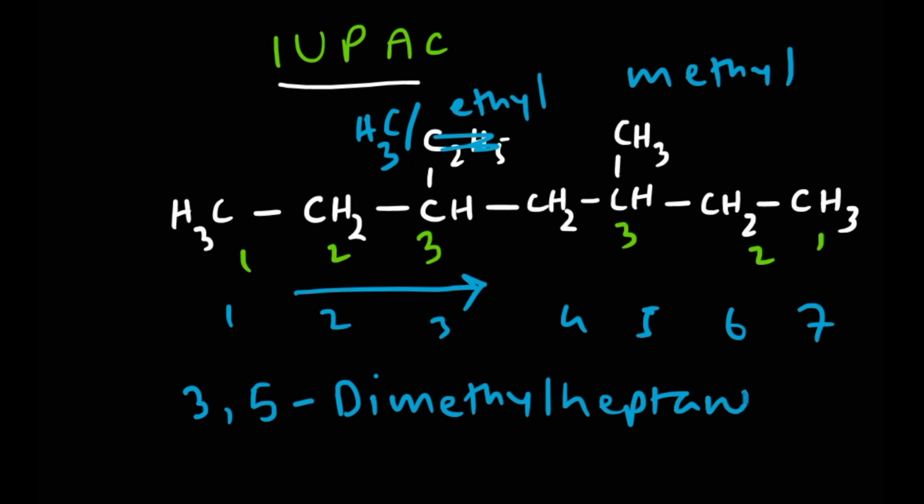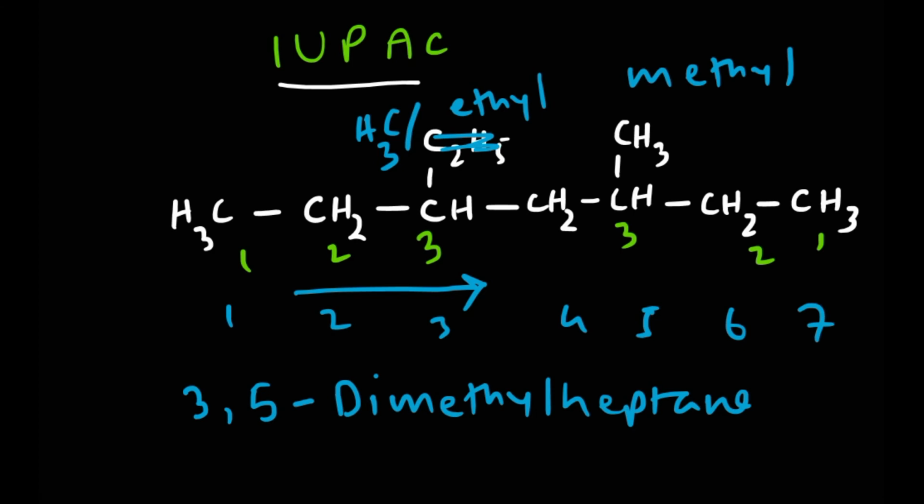So now we have understood the fourth and fifth rules. The fourth rule is that if two or more of the same substituent are present, like methyl and methyl, then it should be written as di or tri, and the numbers should be given before it, as in 3,5-dimethyl.